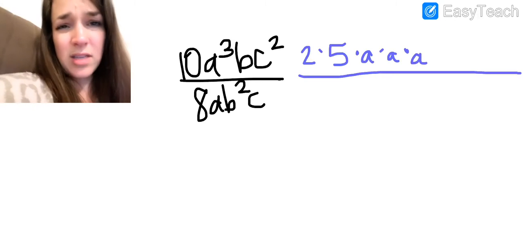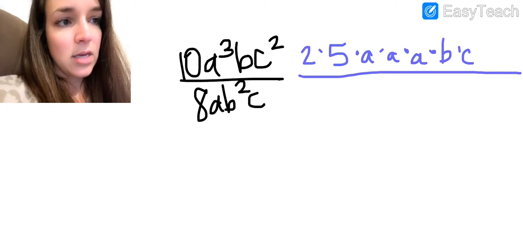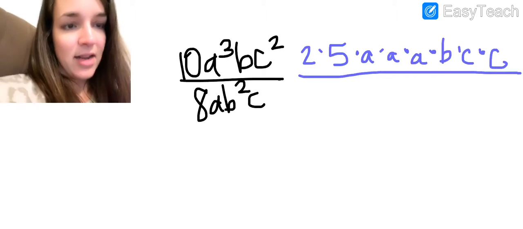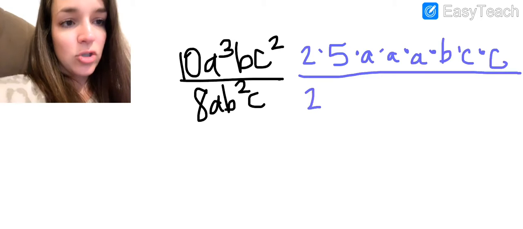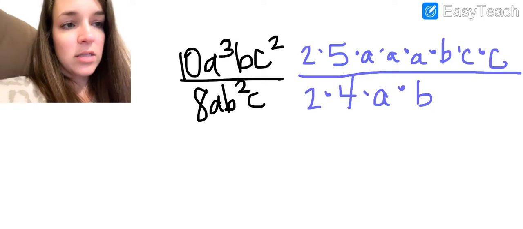Times b times c. All right, and then 8 could break down into 2 times 4 times a times b squared, which is going to be 2 b's, b times b.